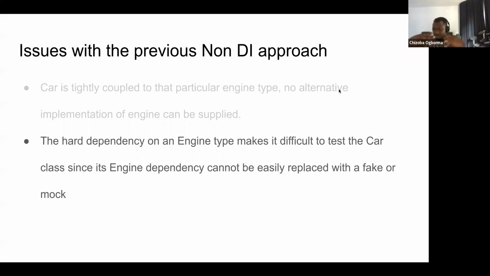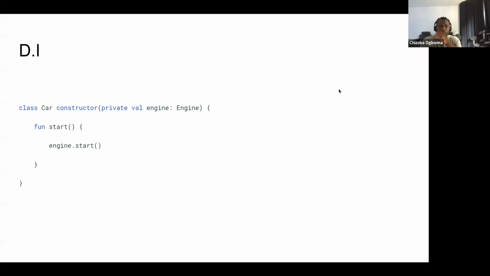You cannot test it properly because in tests you probably don't want to use a real engine. You probably want to swap it with a fake engine or some sort of mock. But with the implementation that we have above, that's not possible because we have this tight relationship between the car and the engine type. But let's look at the DI approach.